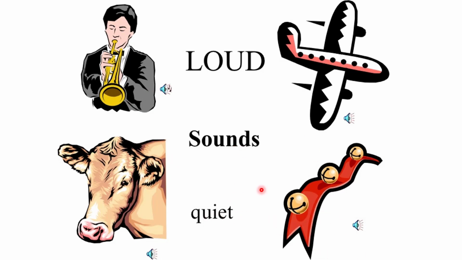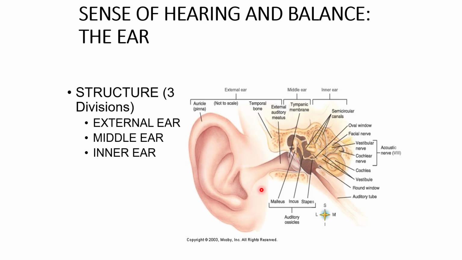All these we are able to discriminate with the help of our sense of hearing, and we are also able to balance our posture, so we do not fall, and control our speed. All this equilibrium, balance and hearing is taken care of by our ear.